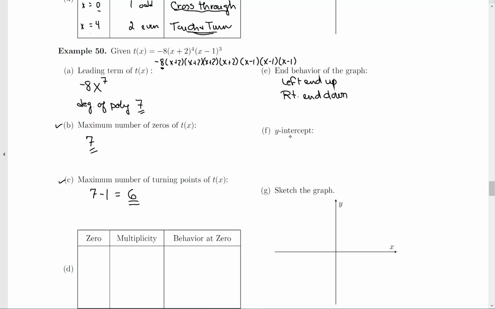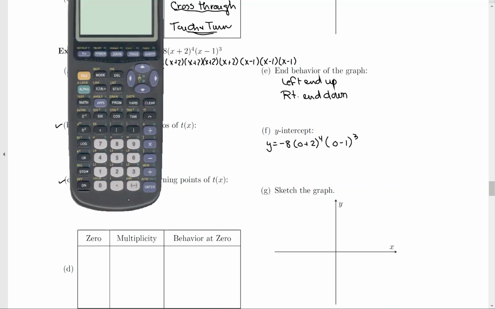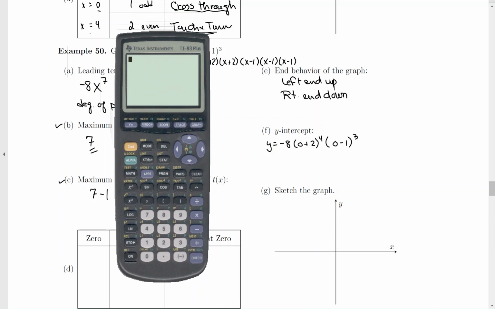The y-intercept at this point, I go back to the original, I let x equal 0. 0 plus 2 to the 4th times 0 minus 1 cubed. Now this one isn't going to be 0 because this is negative 8 times this hot mess. So I'm going to type that one into my calculator just to see what I'm going to get here.